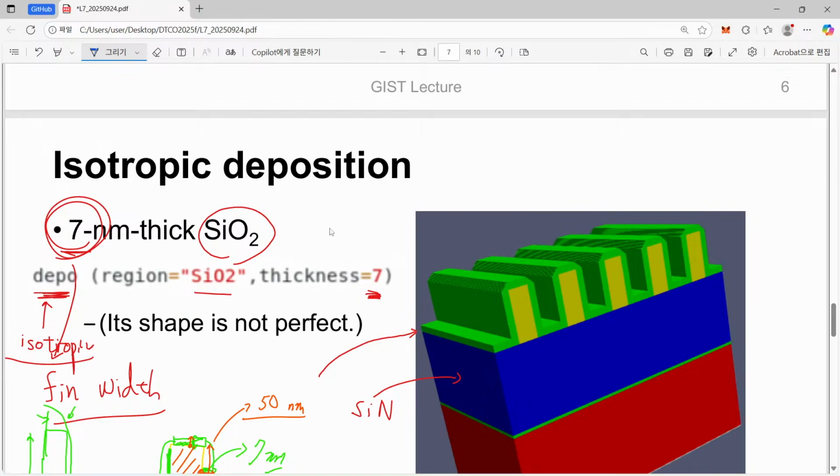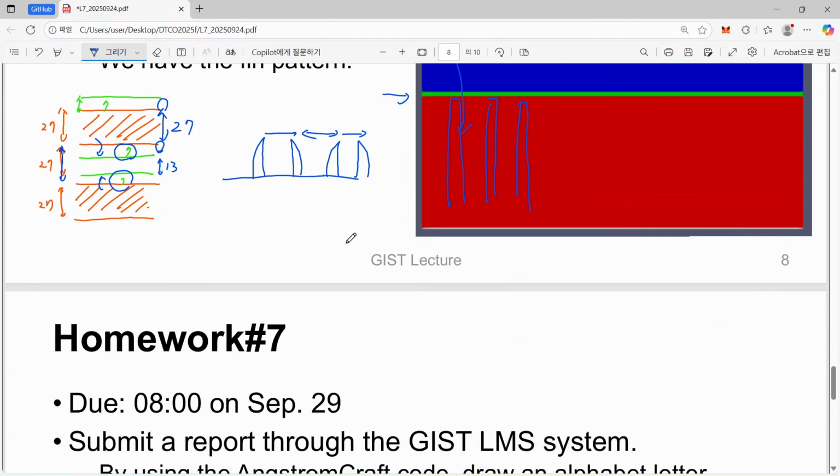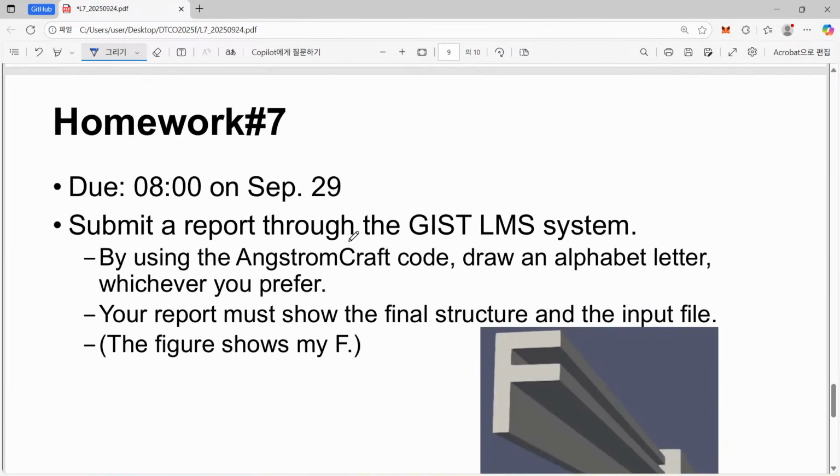Then how can we eliminate unwanted fins? There are some options, but we will take the option provided by AS87, and that will be explained in our next lecture. And let me conclude my lecture with a homework announcement.